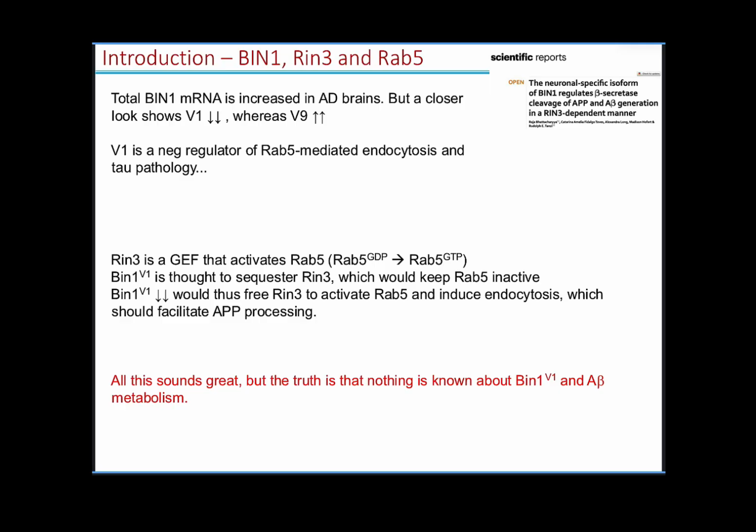RAP5, being a G protein, can exist in two conformations. It can exist bound to GDP, in which case RAP5 will be inactive, it will be off, it won't really be doing much. Or it can exist as RAP5 bound to GTP. Okay? And it is in that state that RAP5 will do things. In this case, it will mediate endocytosis.